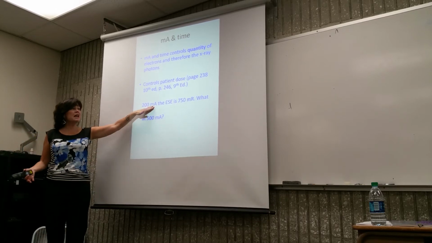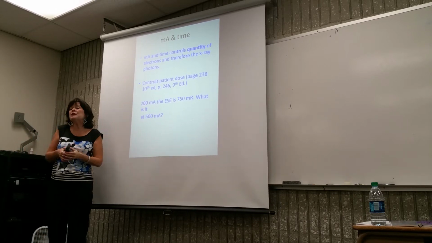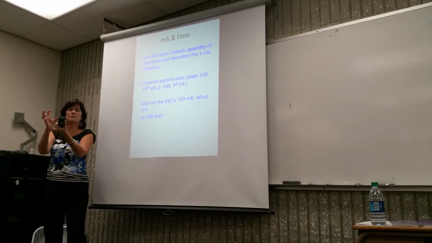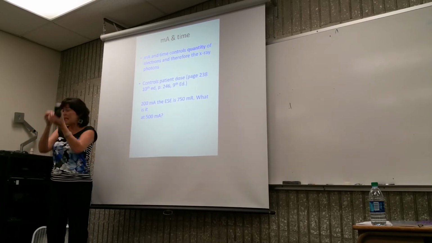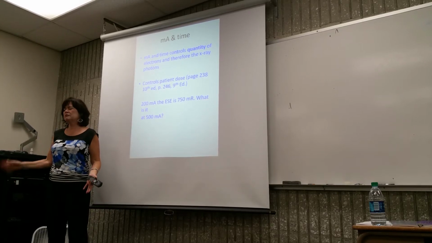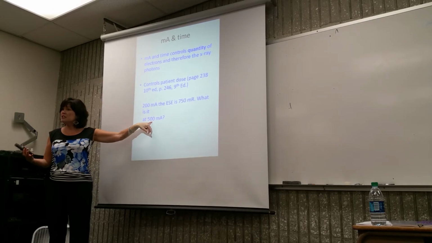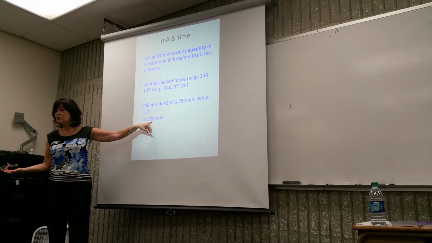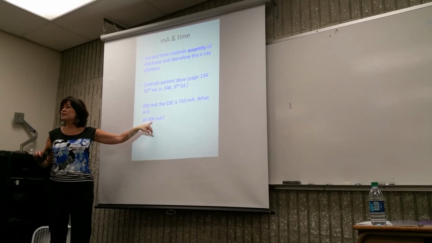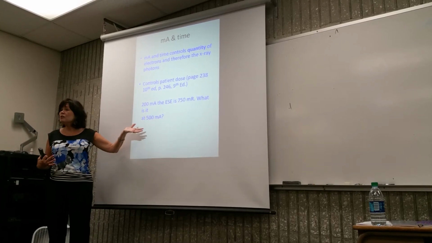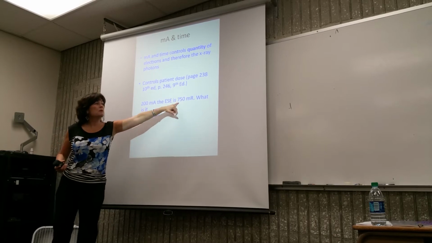If you're at 200 MA, what does 200 MA do? It produces, let's just say, 200 electrons at a filament to produce 200 X-ray photons. It's not like that, but as a visual. So do you think 500 would give you more electrons, more X-ray photons, therefore more exposure to the patient? How much more? So it's going to be more than that.